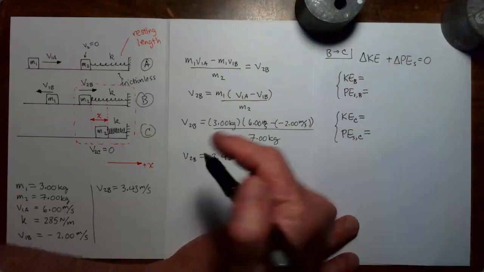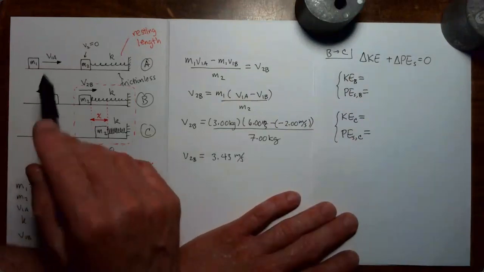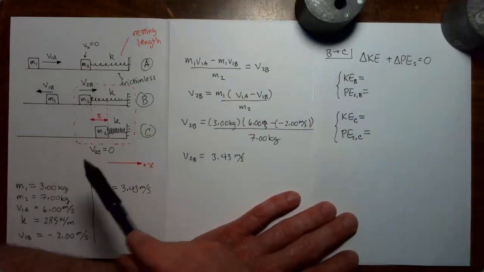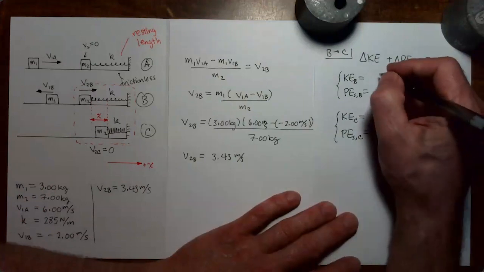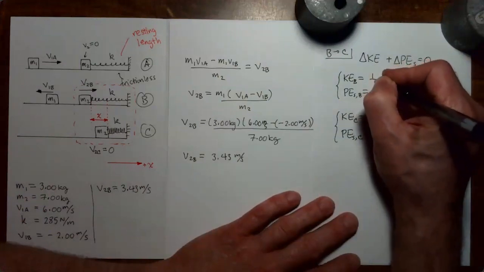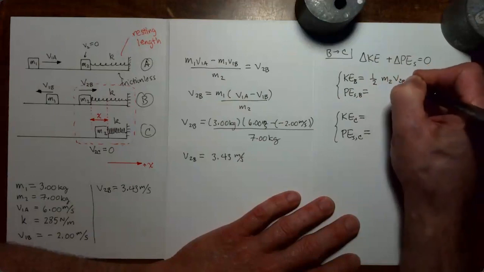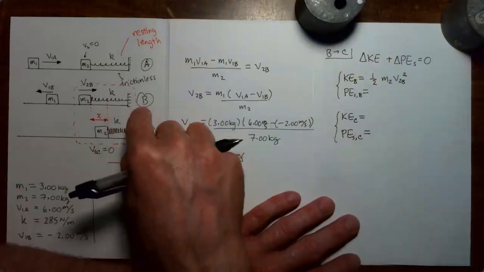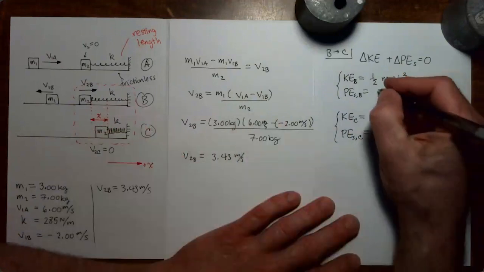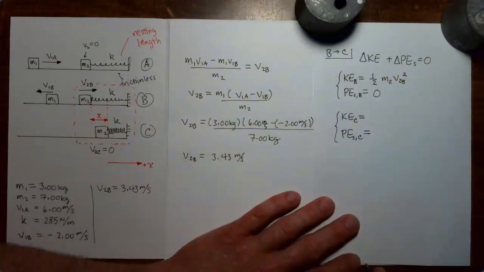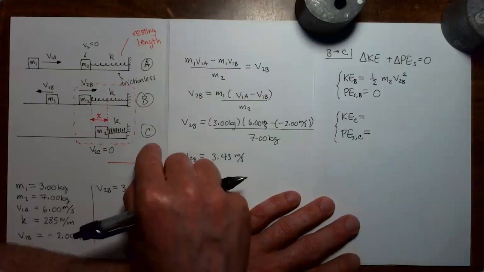Okay, as we go from B to C, we're going to ignore mass 1. Mass 1 already did its job. So the kinetic energy in B would just be the kinetic energy of mass 2, so I have 1/2 m2 v2b squared. In situation B, the spring has not started to compress yet, so potential energy is 0.